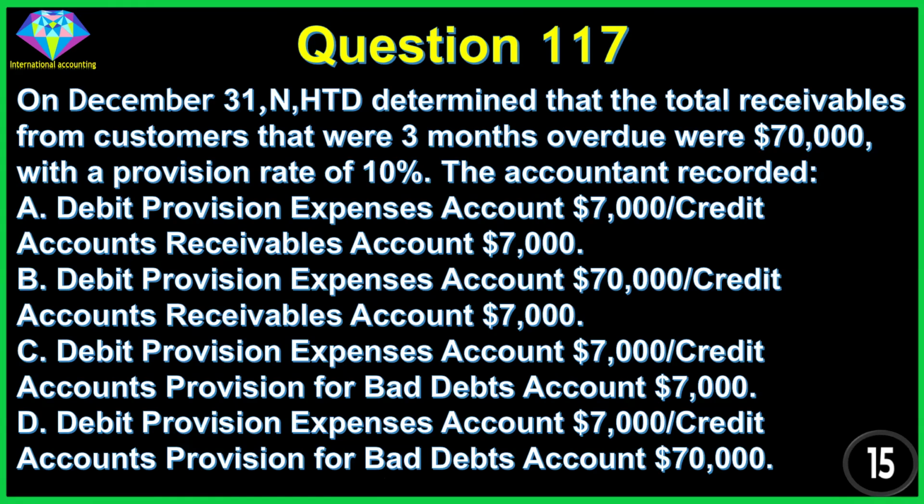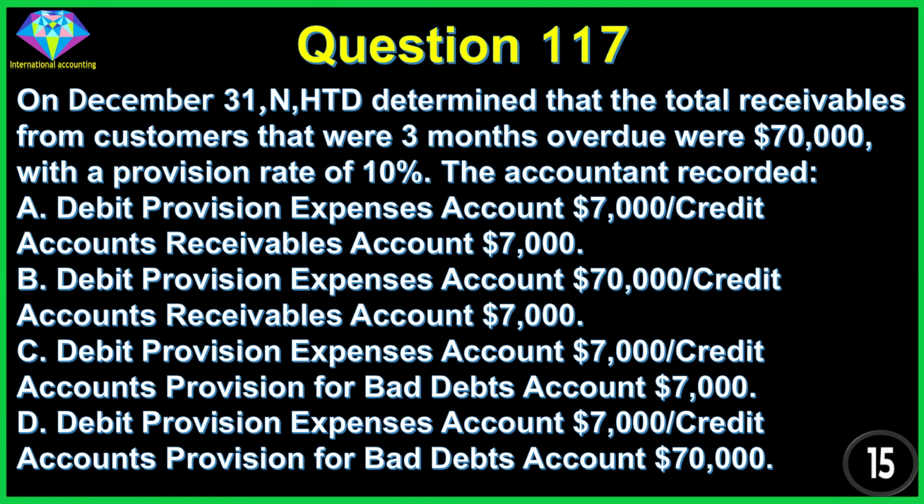On December 31, NHTD determined that the total receivables from customers that were 3 months overdue were $70,000, with a provision rate of 10%. The accountant recorded A. Debit provision expenses account $7,000 per credit accounts receivables account $7,000. B. Debit provision expenses account $70,000 per credit accounts receivables account $7,000. C. Debit provision expenses account $7,000 per credit accounts provision for bad debts account $7,000.